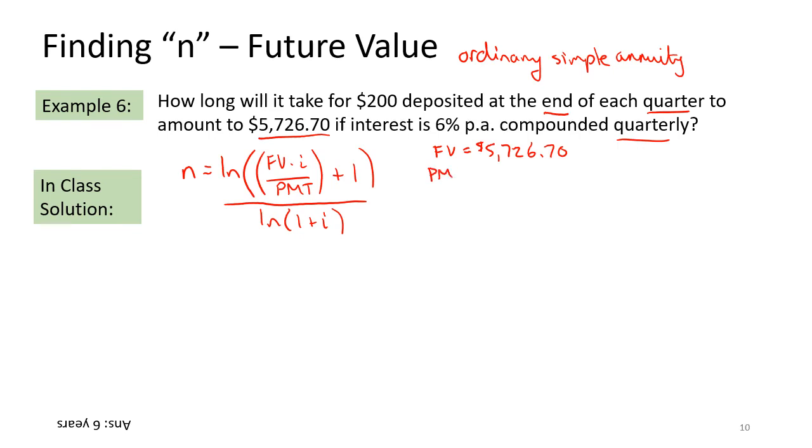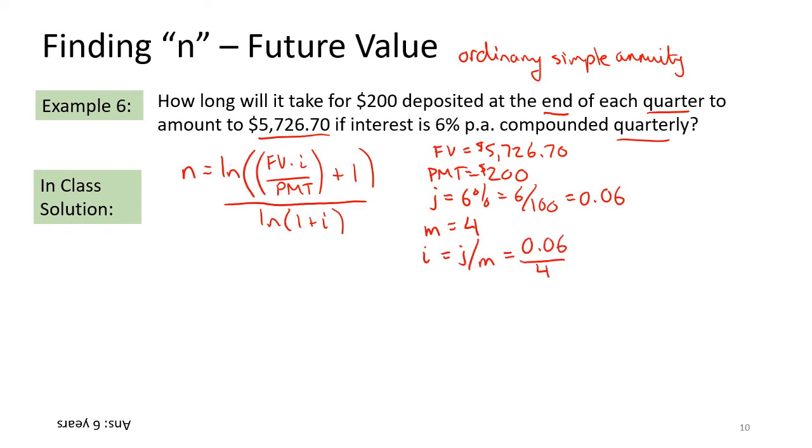Our payment is $200 each quarter, and our nominal interest rate is 6%, which is 6 divided by 100, removing the percentage sign, or 0.06. So our last item, m, we know it's quarterly, so that means m is 4. So our periodic interest rate, which is j divided by m, is equal to 0.06 divided by 4, or 0.015.